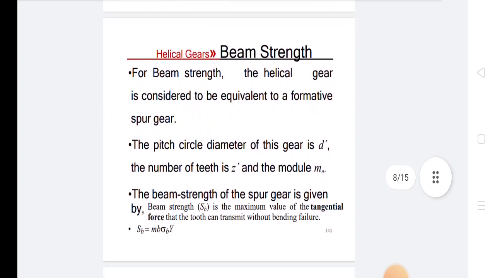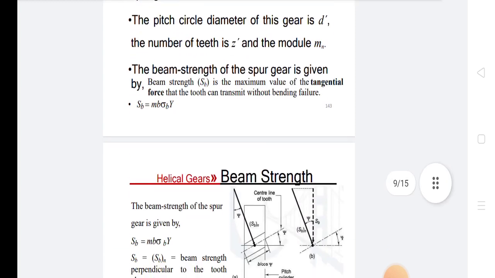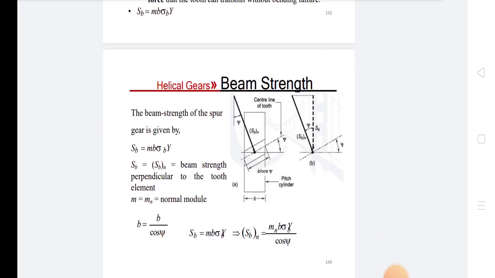This is the diagram of helical gears. In this diagram there are mentioned psi, SB, center line of tooth, then pitch cylinder.